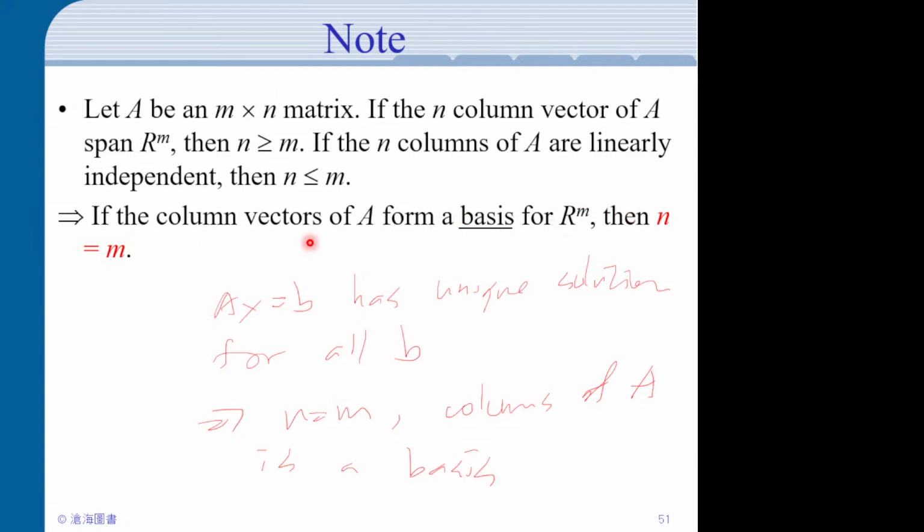And also we have a small corollary here that says that if Ax equals b has a solution for every b, then the columns are a basis. Obviously that also means n equals m.